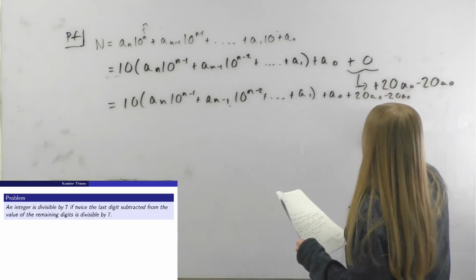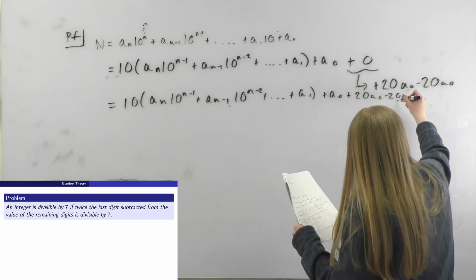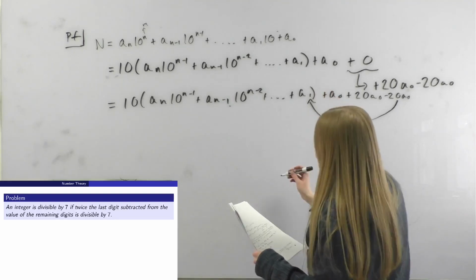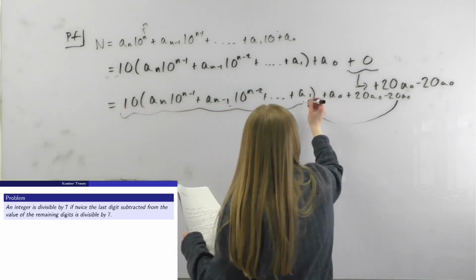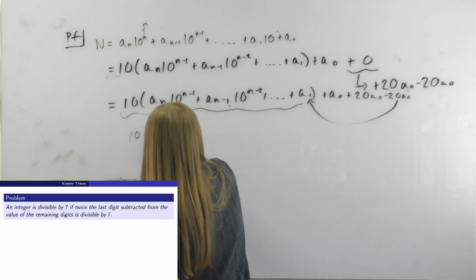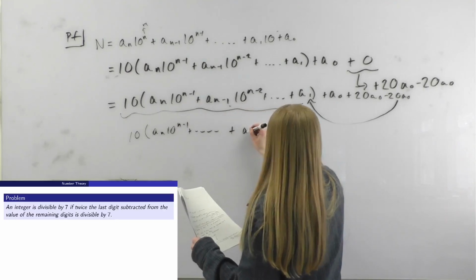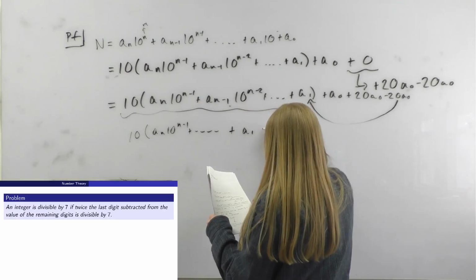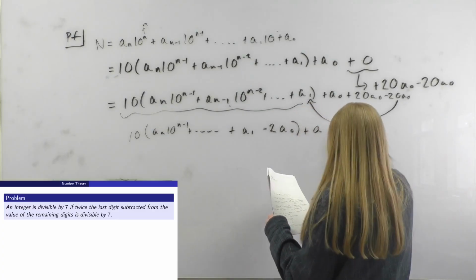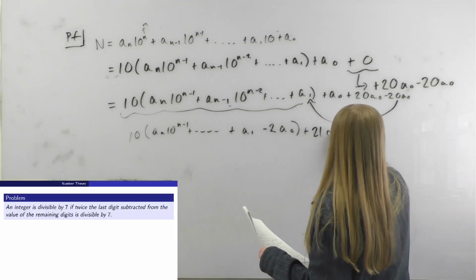Okay, so we have this. What we're going to do is take this negative 20a0 and put it into here. So we'll have all of this: 10 times the bracketed piece plus a1 minus 2a0, plus a0, we're going to just simplify to 21a0.